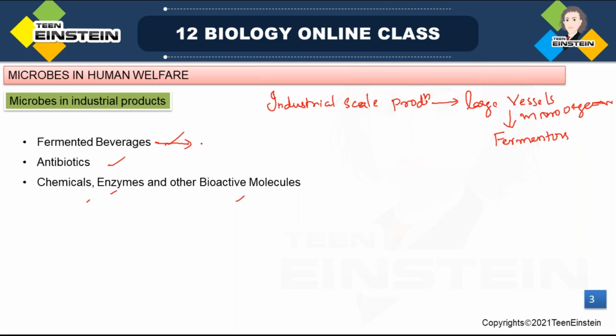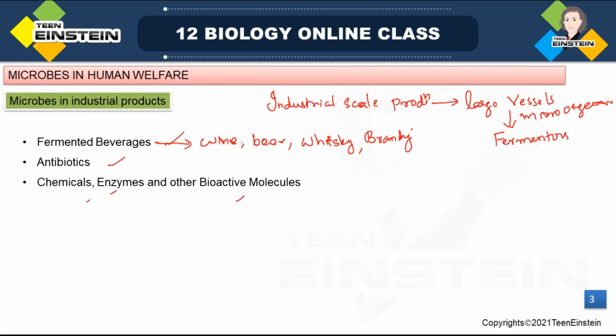Fermented beverages: wine, beer, then what is next? Whiskey, brandy, then brandy or rum. In all these things, which one is used? Especially yeast, it is used.